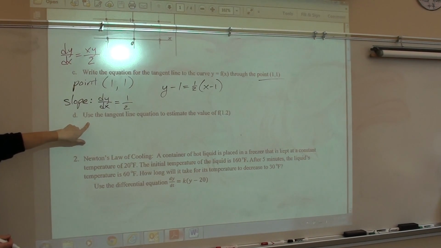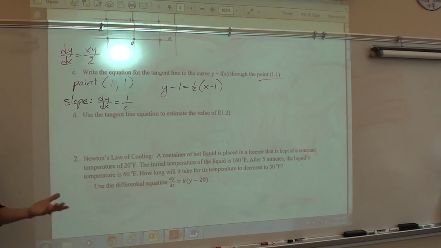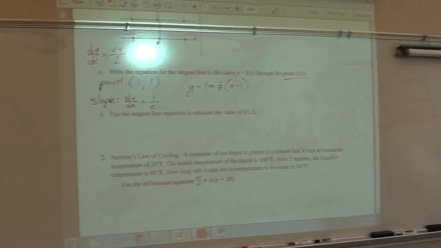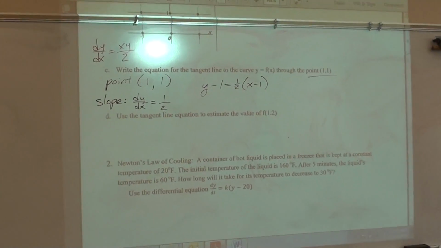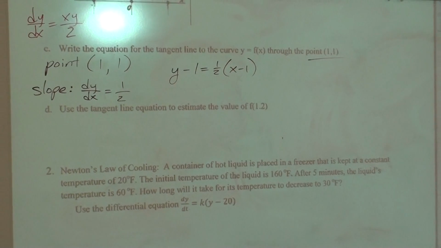All right, so we're going to use our equation of our tangent line to approximate the value of f of 1.2. When you have to do tangent line or linear approximation, you just plug the value into your tangent line.